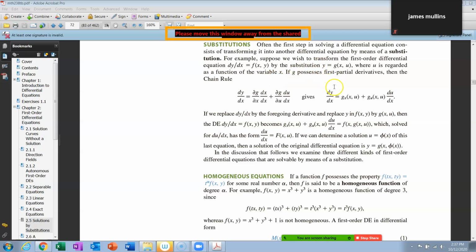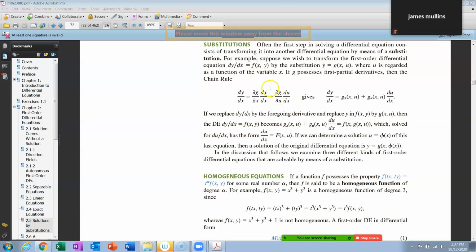So if g possesses first partial derivatives, then this dy/dx that we had here is equal to, okay, they're doing it sort of backwards here, so let's write this as, right here, dy/dx is the partial of g with respect to x times dx/dx, which we know is 1, plus the partial of g with respect to u, and then it's multiplied by du/dx, and we said it is a function of the variable x.